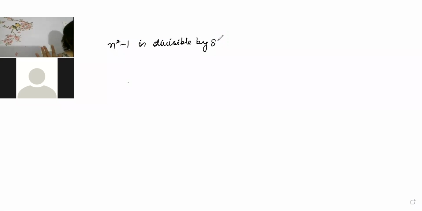Now, can you attempt this question? Again, n square minus 1 will be written as n plus 1 into n minus 1. Fine. See, after this, we will meet again.